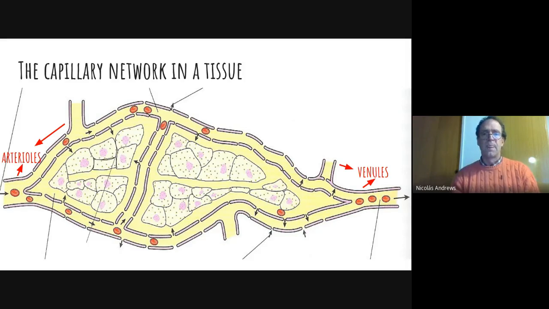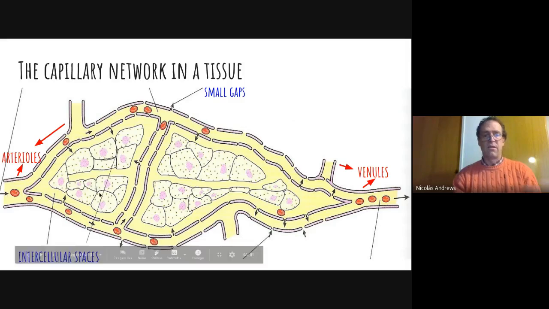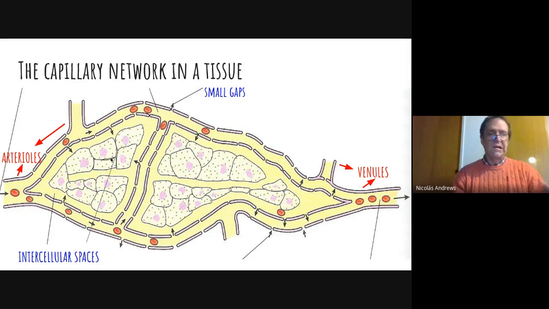And what is particular about them? First of all, that between the cells in the tissue, this could be any tissue in the body, the liver, the lungs, the stomach, a muscle, okay, any tissue in the body is made of its cells, and between the cells there are some tiny spaces, some not so tiny as you can see here, right? But usually very, very tiny spaces between the cells.